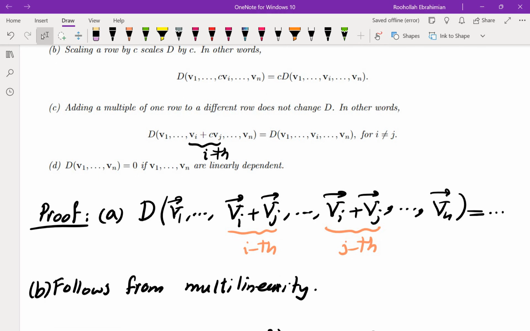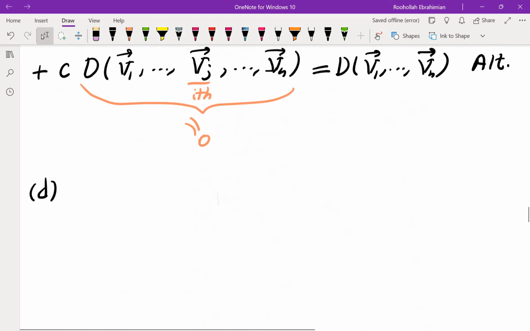Okay, so the last property is that if the rows V1 through Vn are linearly dependent, then D would be 0. Okay, so that's an interesting property. So let's assume that V1 through Vn are linearly dependent. So what does that mean? It means a linear combination of some of them is one of them. So let's assume that perhaps the last row is a linear combination of the others.